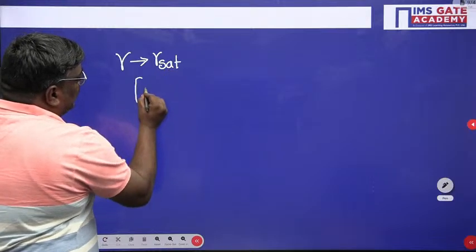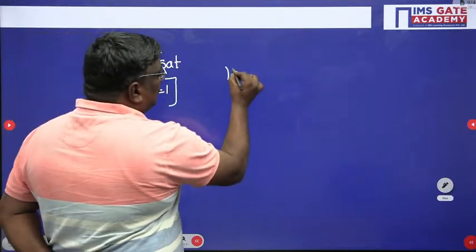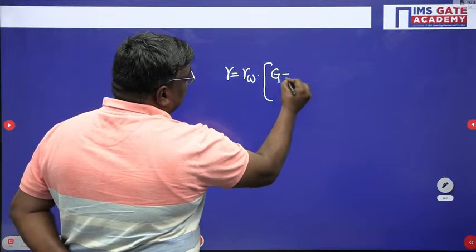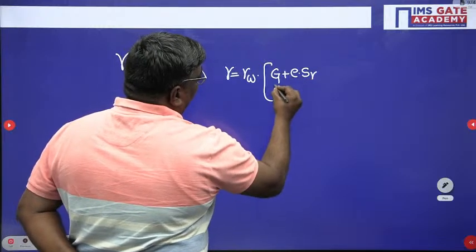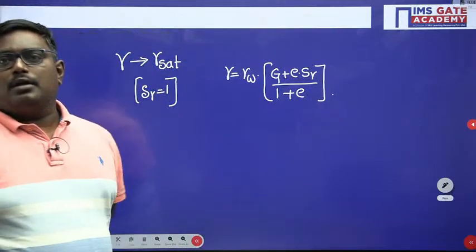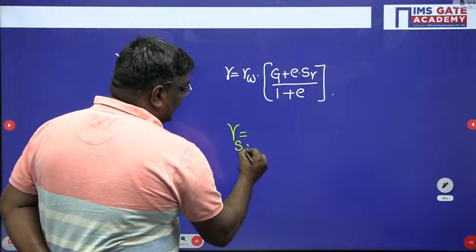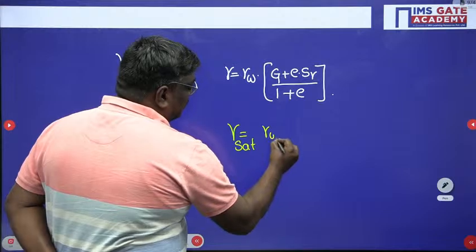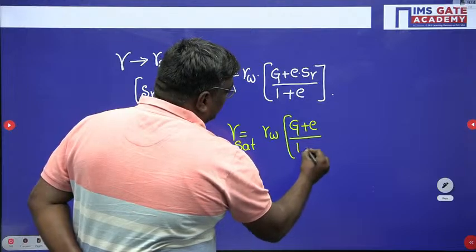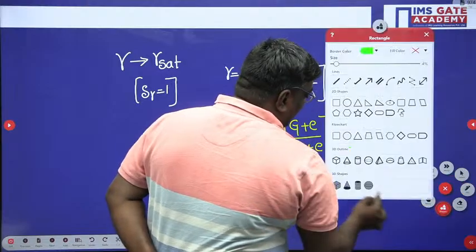Now, if you go to the next slide, gamma will become gamma sat when SR is equal to 1. So, my dear students, you know already, gamma is equal to gamma W into G plus E into SR upon 1 plus E. Now, if I substitute SR as 1, gamma sat will be equal to gamma W into G plus E upon 1 plus E. This is another important formula I would like to tell you.